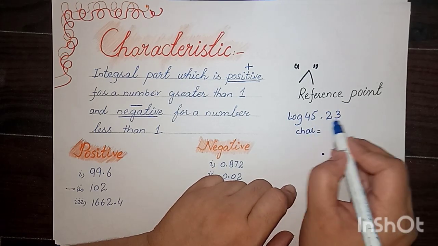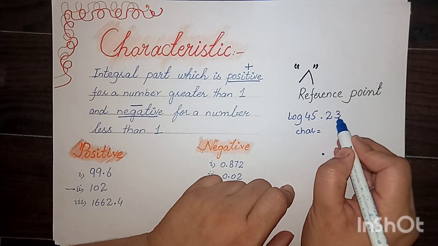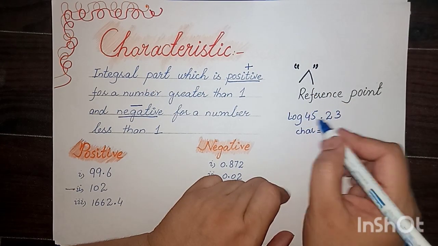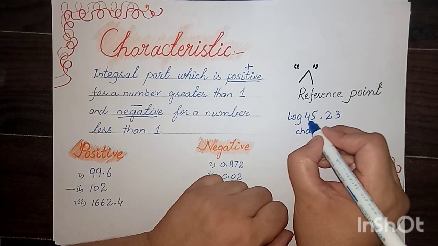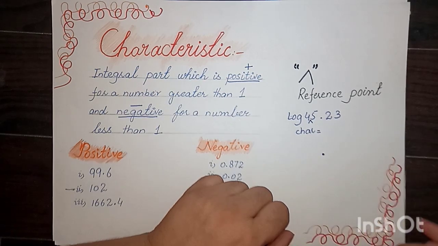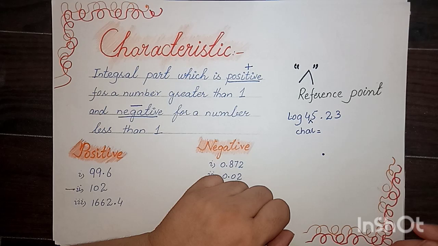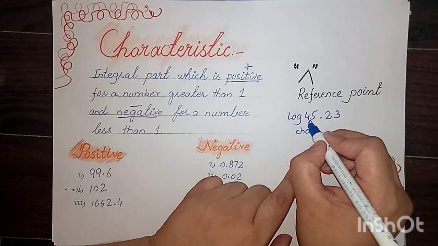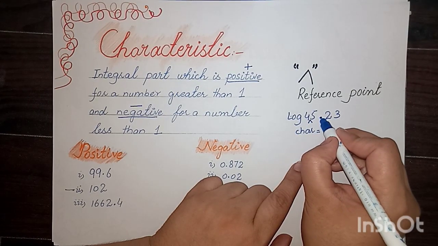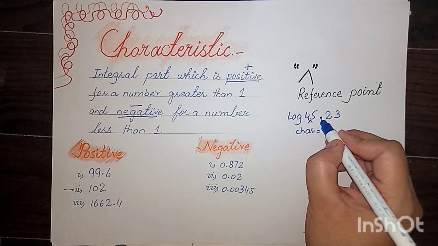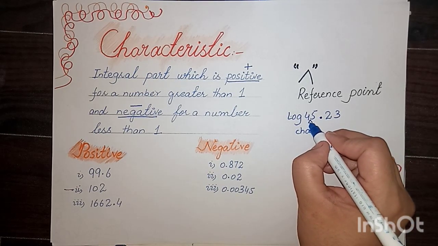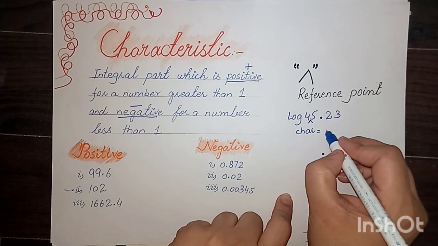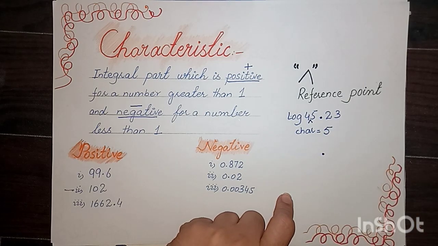In 45.23, the first digit is 4, so after this I draw the reference point. The characteristic is the number of digits between the reference point and the decimal point. This is only 1, so my characteristic will be equal to 5.